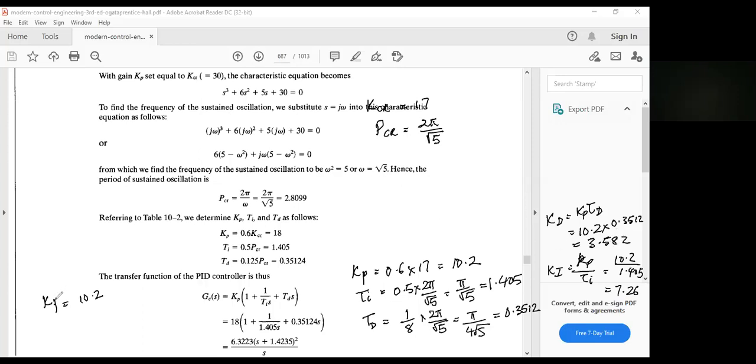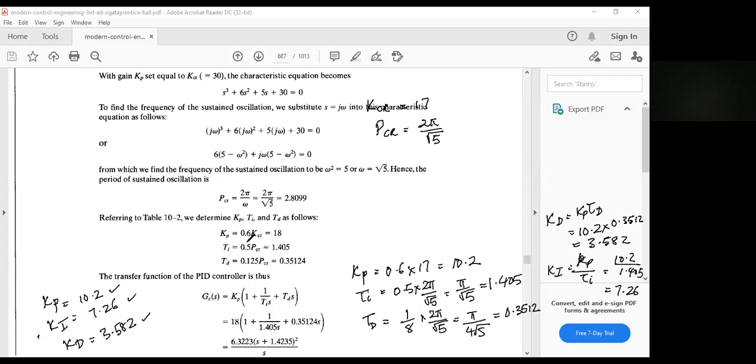So Kp is 10.2, Ki is 7.26, and Kd is equal to 3.582. So those are the values that I'll put in the PID controller.